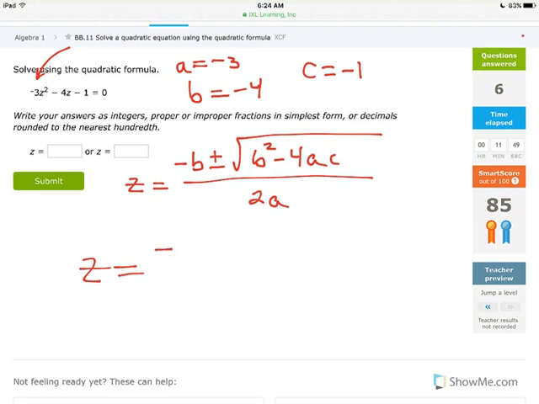It's going to be negative, but what is the B value? The B value is negative also, so it's negative negative, so it's going to be plus 4, since you're going to end up with two negatives in a row.